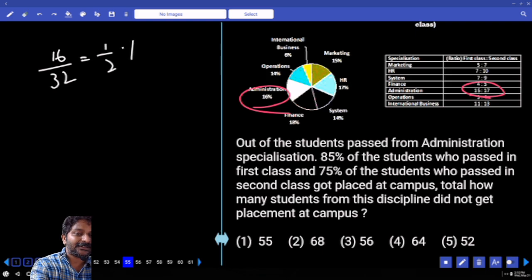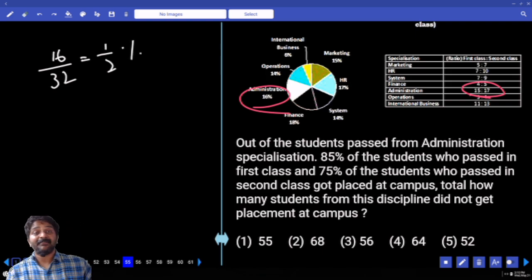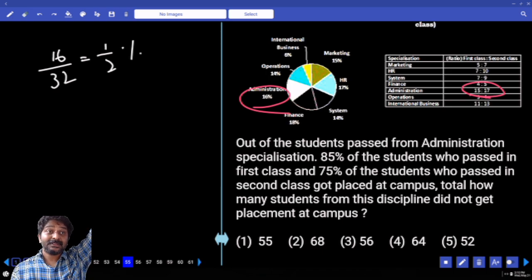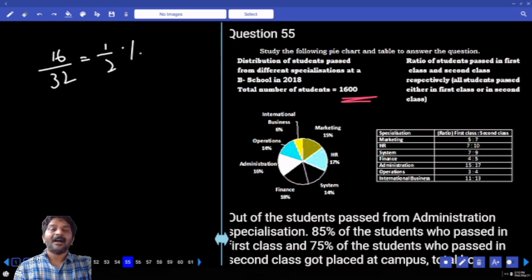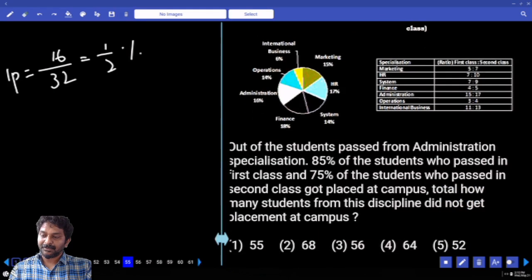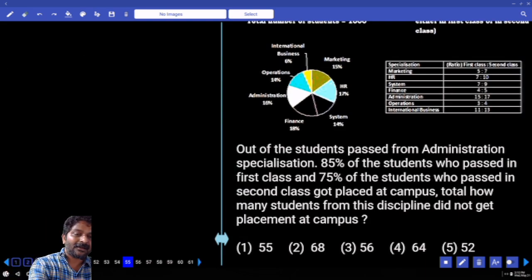That means half percent only. What was 1% value? 1% value is 16, right? Half percent means one part value is equal to 8. So in administration department, now the question is about first class and then second class.